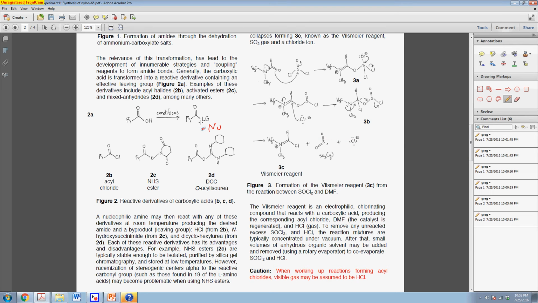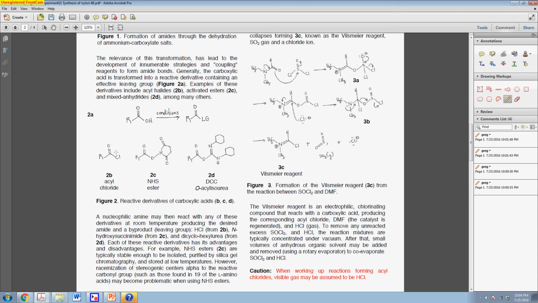That nucleophile can then attack here. You'll get your tetrahedral intermediate that will collapse, and then you'll lose your leaving group. So in the case of an amide, your nucleophile would be a nitrogen. There are a variety of ways that we can activate these carboxylic acids to form leaving groups.